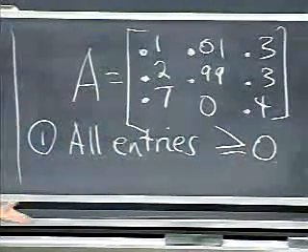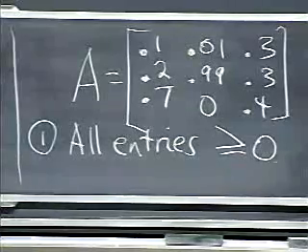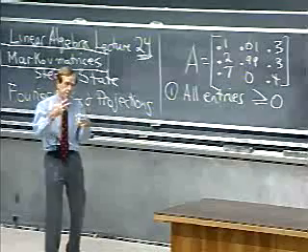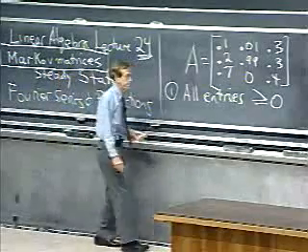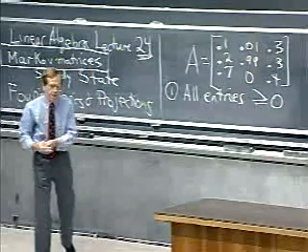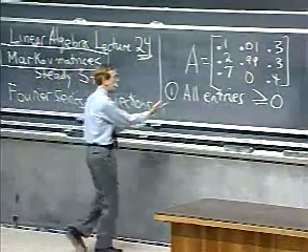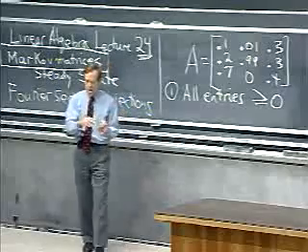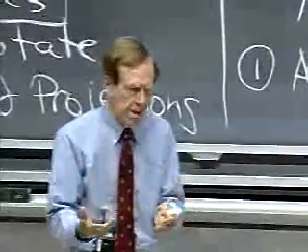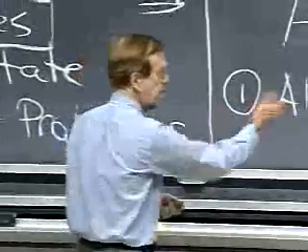And of course, when I square the matrix, the entries will still be greater than or equal to 0. I'm going to be interested in the powers of this matrix, and this property is going to stay there. Markov matrices are connected to probability ideas, and probabilities are never negative.